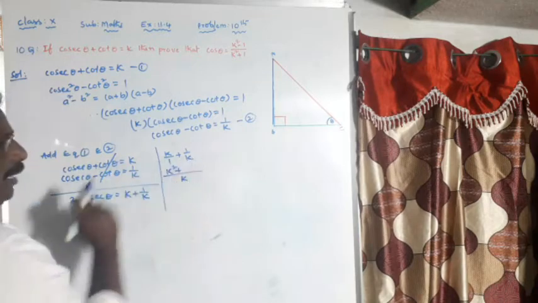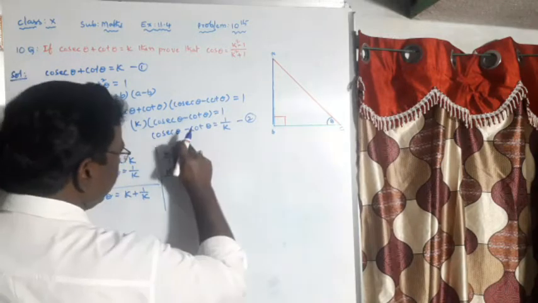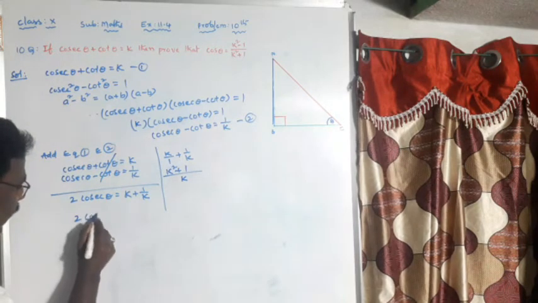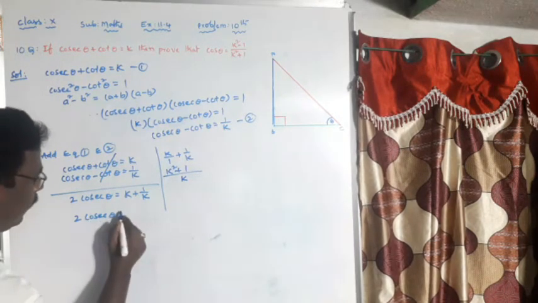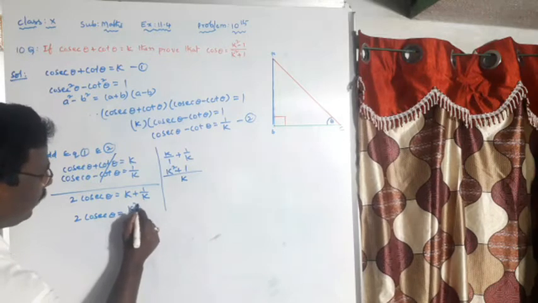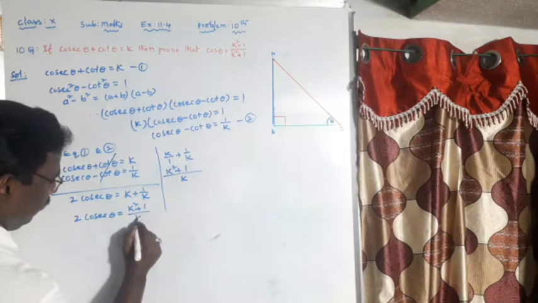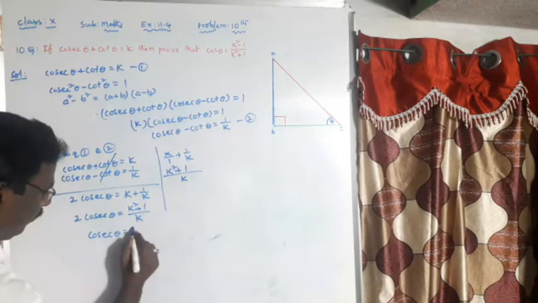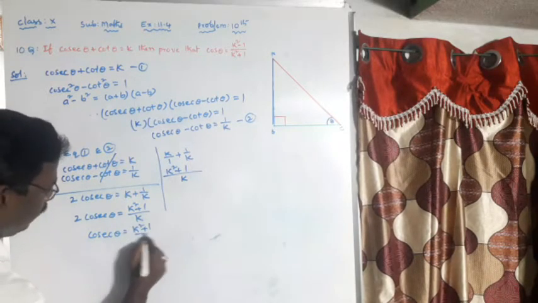Plus k divided by k is 1. 1 into 1 is equal to 1 only. 2 cosec theta is equal to k square plus 1 by k. Then cosec theta is equal to k square plus 1 by 2k.